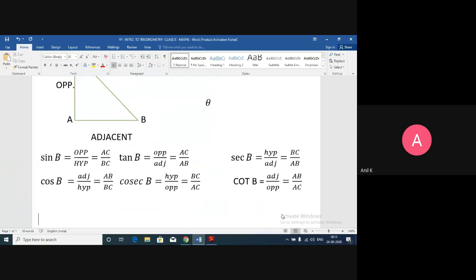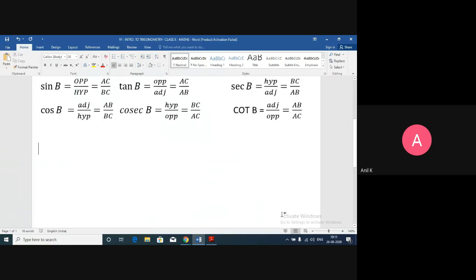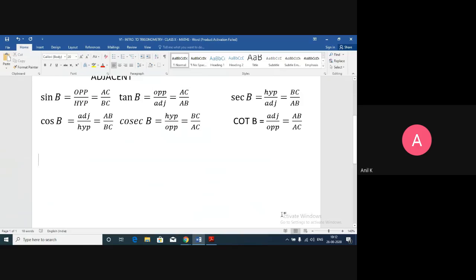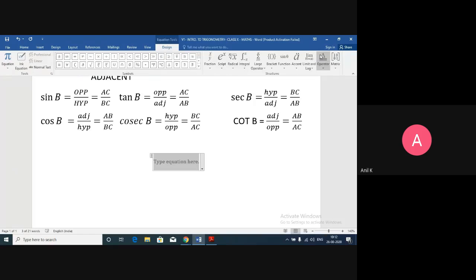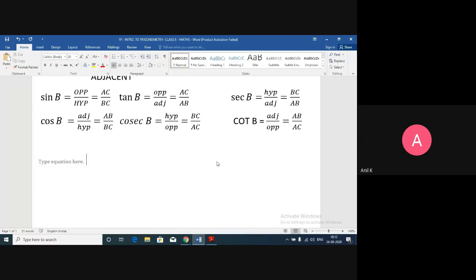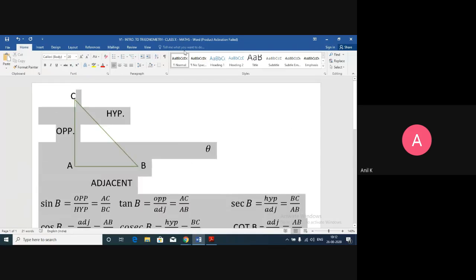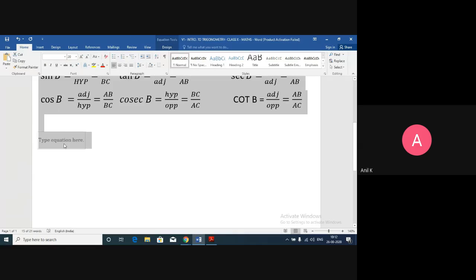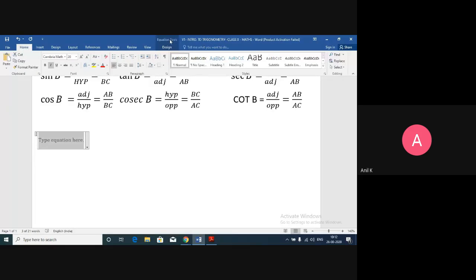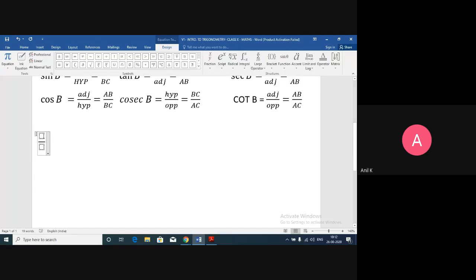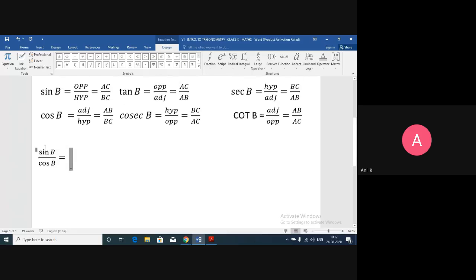Okay. Now, after defining the definitions, we have some relations. For example, if I divide sin B upon cos B, if I divide these two ratios, what will come?